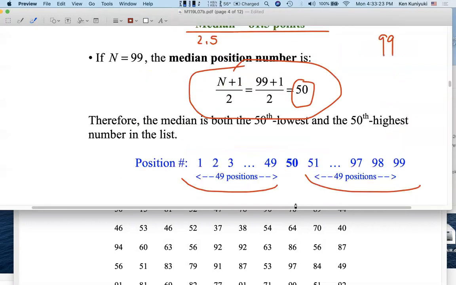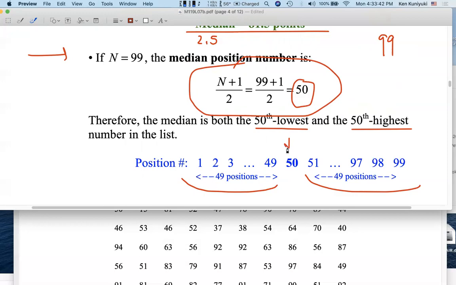All right. Median, including the median position number, which will tell you which lowest value you need, which is the same as which highest value you need. In this case, if you have 99 data values, you want the 50th lowest or the 50th highest value. It's whatever number is in row number 50 in the Excel spreadsheet, if you sort first.